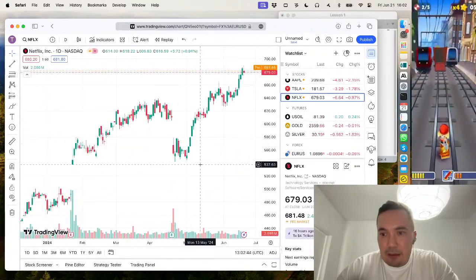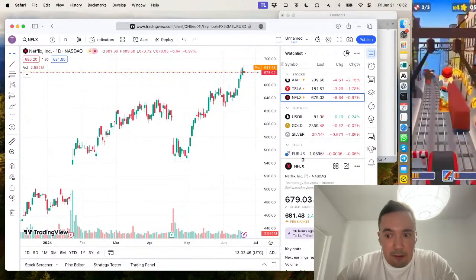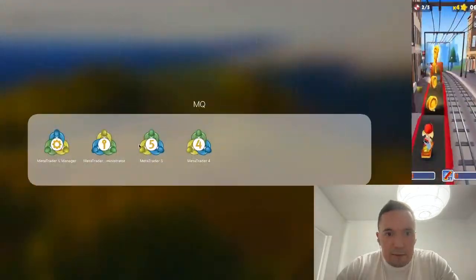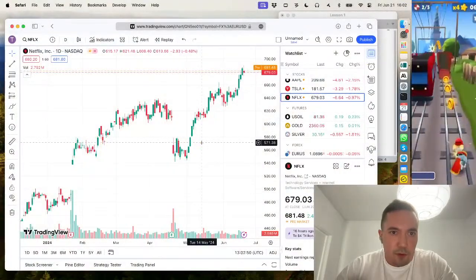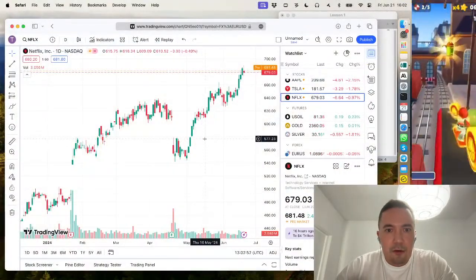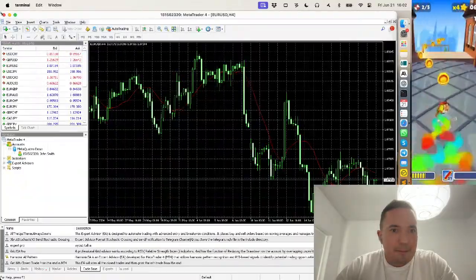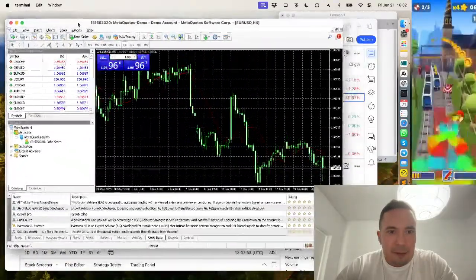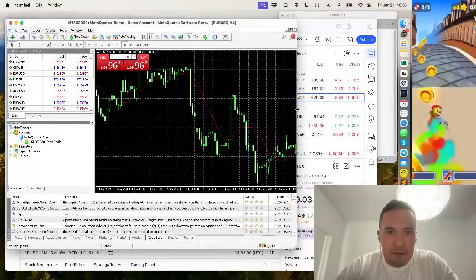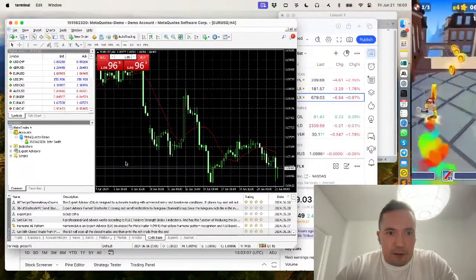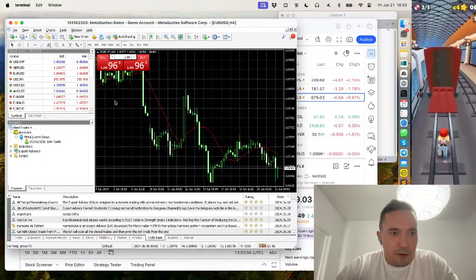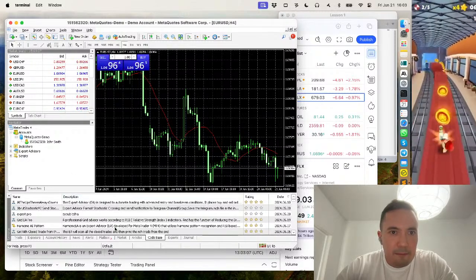I'm not very familiar. Another example is the MetaTrader 4 terminal, right? Some of you already know this one, so it should be more familiar. We also have some charts, some numbers running.